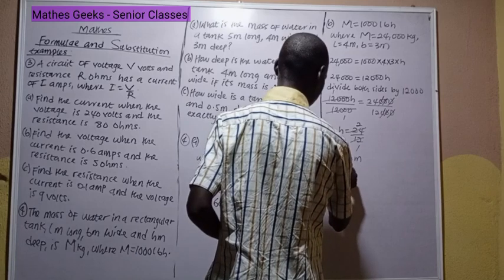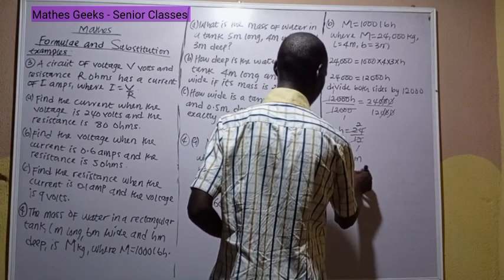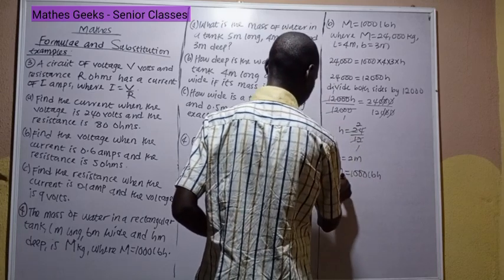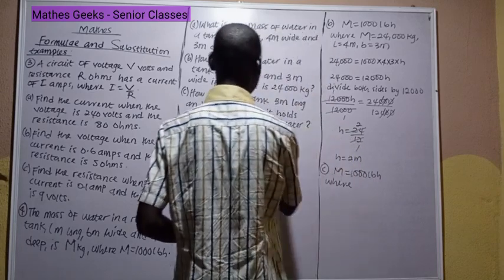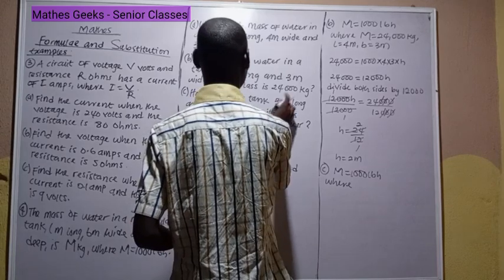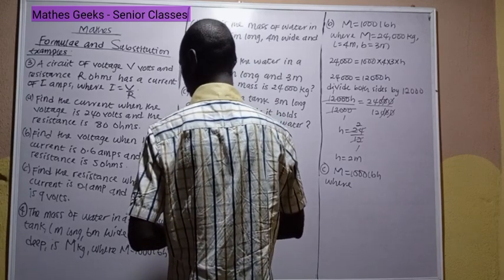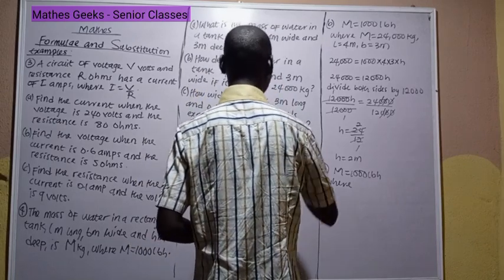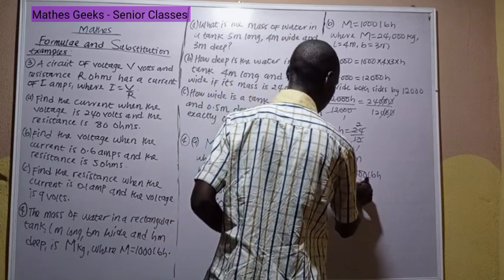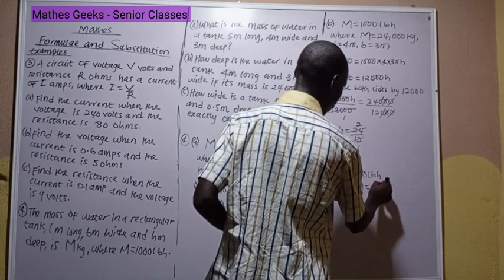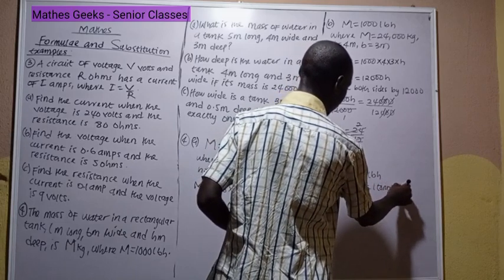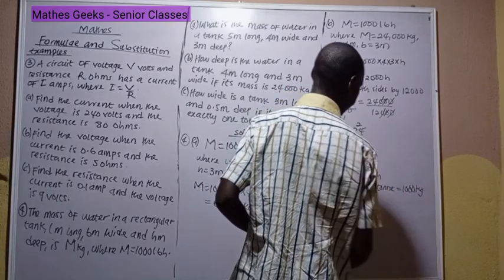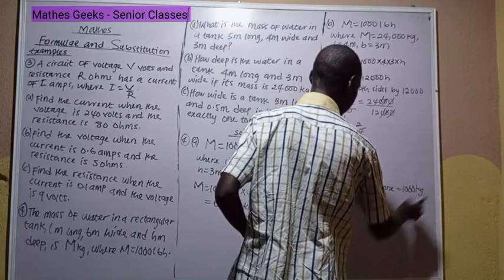So our formula again, M is equal to 1000 lbh, where M, we are told the rectangular tank holds 1 ton of water, that is the mass of the water is 1 ton. 1 ton is equivalent to 1000 kilograms, and that's okay.